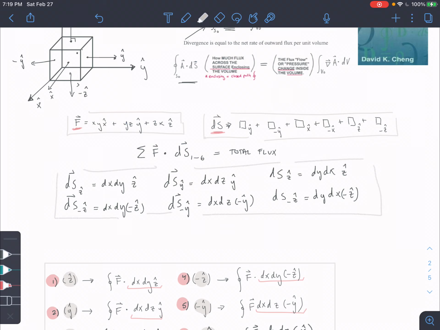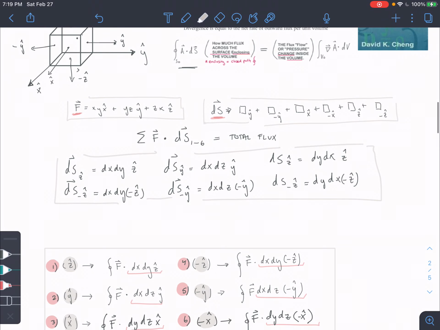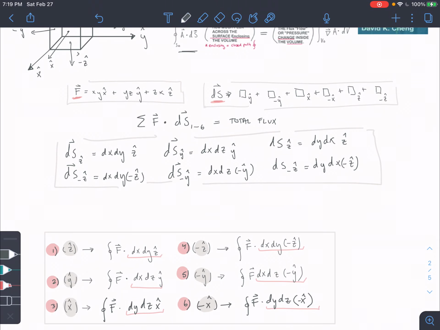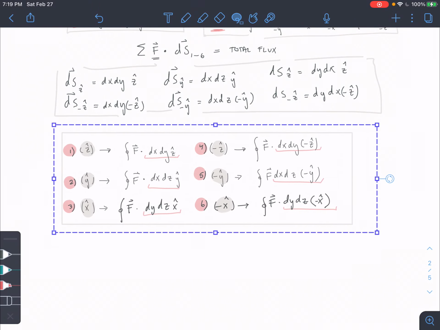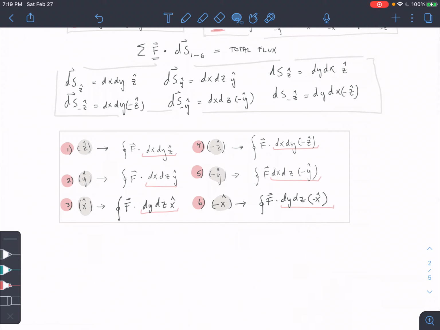So we have all of our ds values here. What we want to do is dot them all with our f vector and then evaluate them. So I put them out here. These are just the same. This is going to be our z and negative z that we saw up here. This is going to be our y and negative y that we saw up here, and our x and negative x that we saw up here.